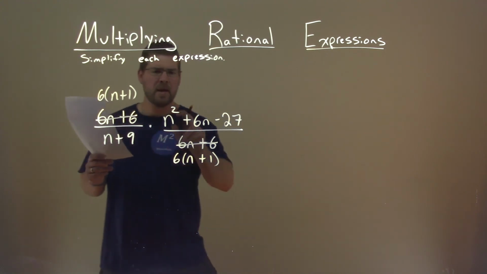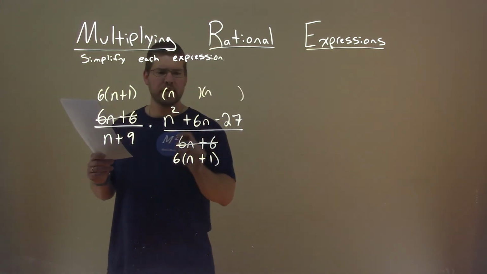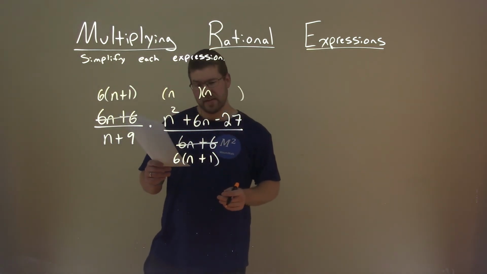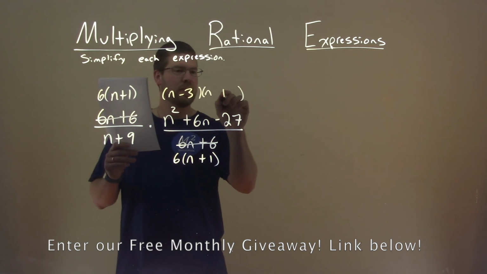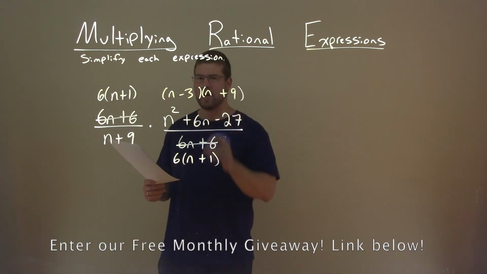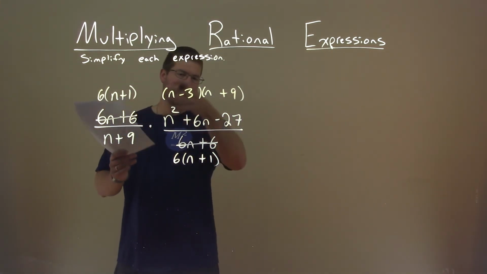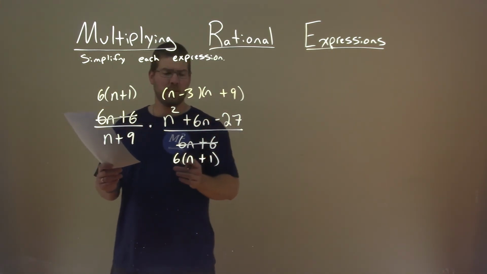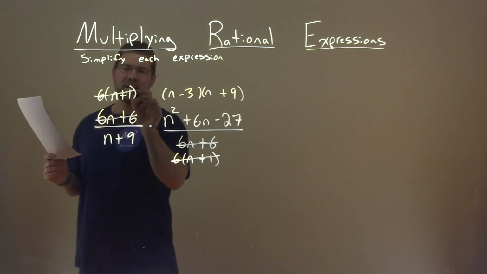All right, this upper part here, that looks like it can factor pretty easily. What two numbers multiply to be negative 27, but add to be positive 6? Minus 3 and a positive 9. Negative 3 times 9 is negative 27. We add the two, we get a positive 6. All right, so now it's factored out. Let's cross off what we can. Like I said, 6 times n plus 1 is the same thing really written twice here.